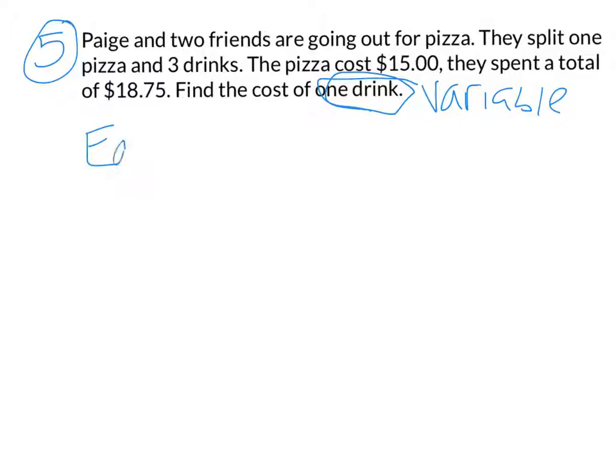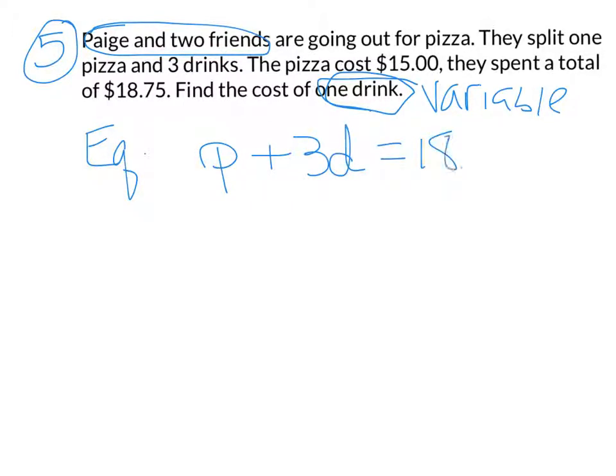Okay, so now the equation. We have 3 people, right? Paige and 2 friends went out for pizza and they split a pizza. So we have the pizza plus the 3 drinks is going to equal $18.75. Now we do know a couple things though. We know that the pizza here costs $15.